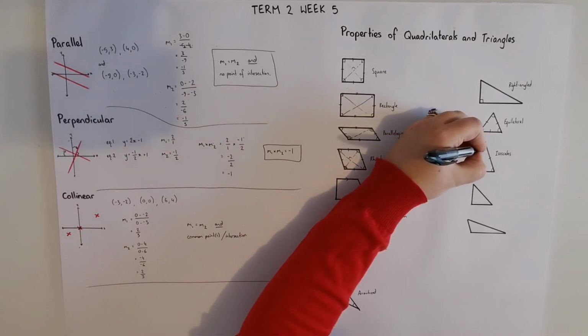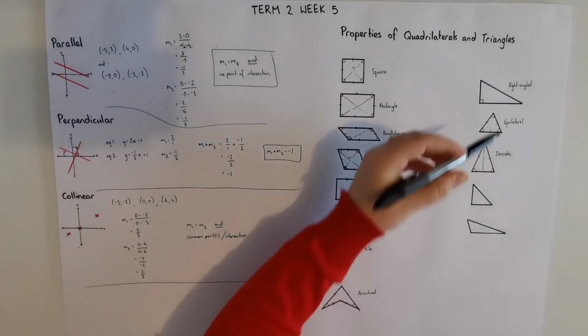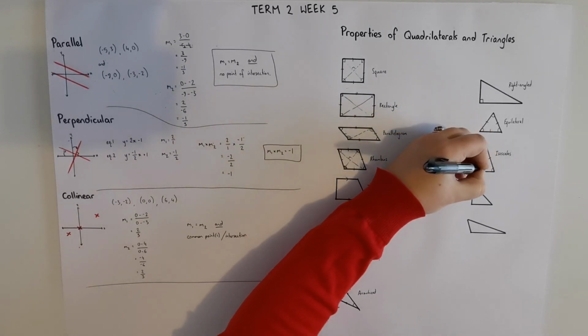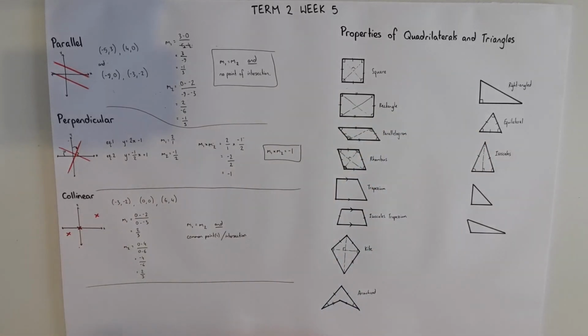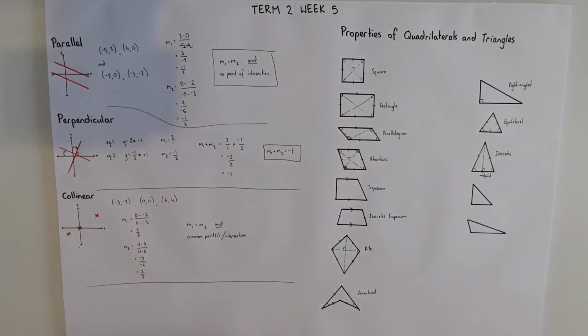For an isosceles triangle, this bisector intersects your baseline right in the middle at the midpoint. That's another skill we've done. And it meets it at right angles.